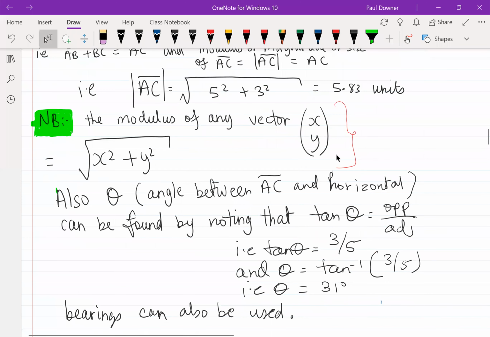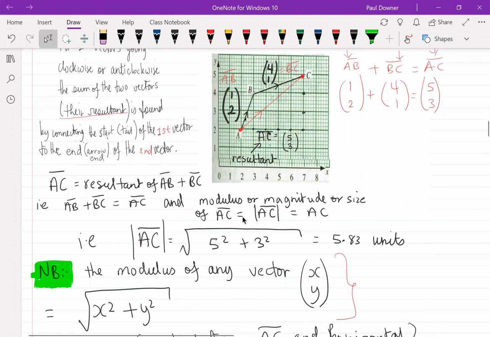Now, all vectors require us to know that there is a magnitude part, which we just learned how to calculate, called the modulus, and a direction part, which is going to tell us in what direction this vector is moving. All right. So we know that for directions we talk about angles.